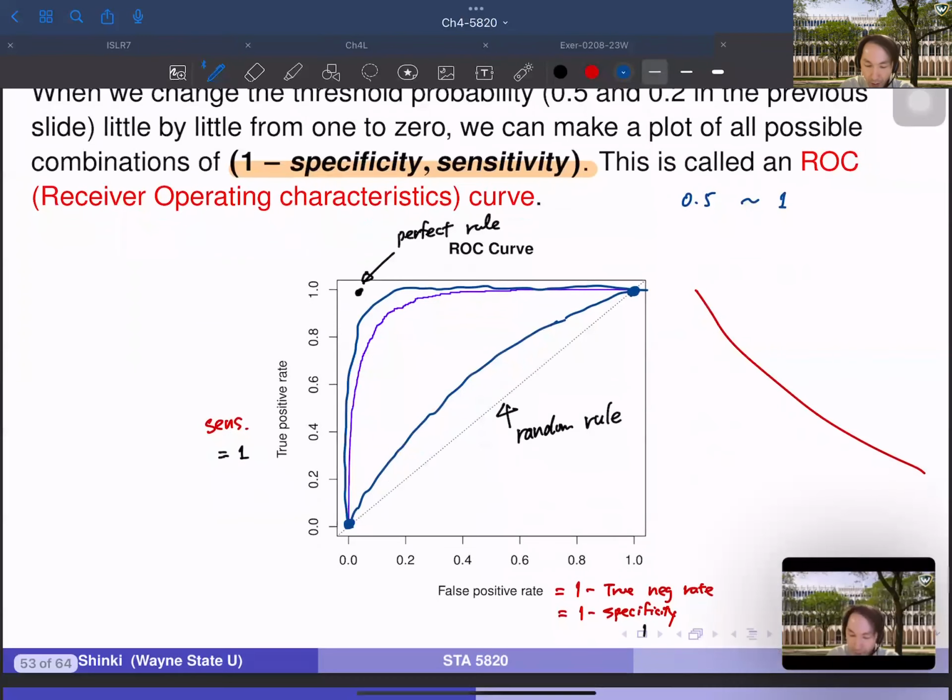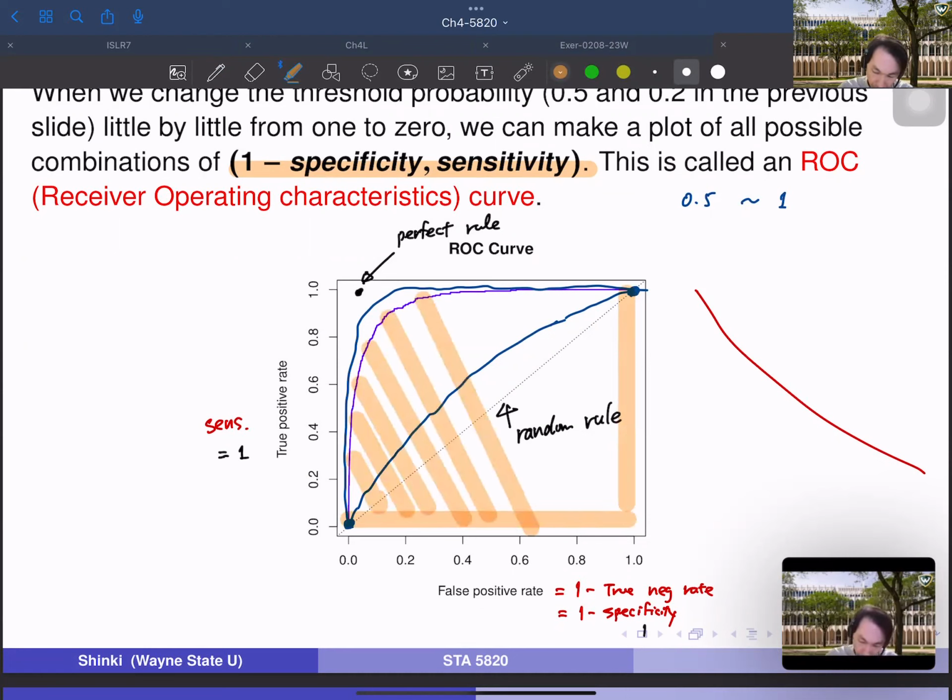And usually this area under the ROC curve is called AUC, area under the curve.